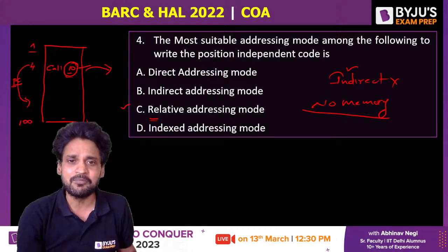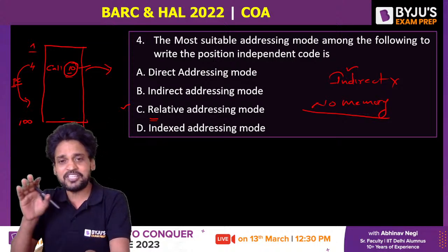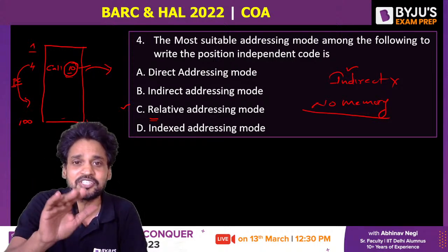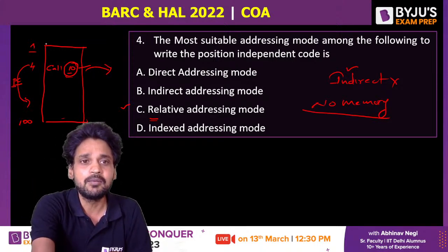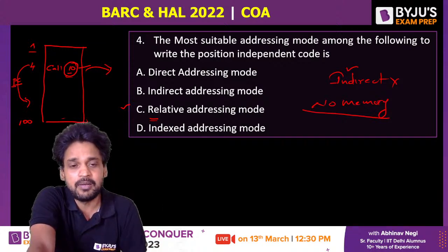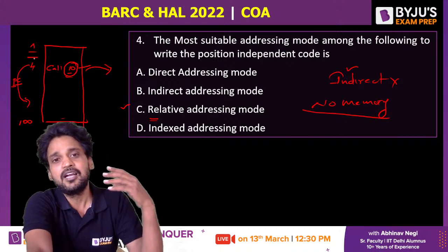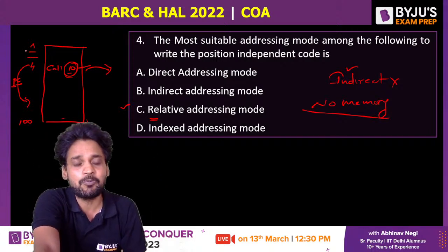Base register addressing mode is very simple. You can use either relative addressing mode or base register addressing mode. In case of base register addressing mode, the moment a program is being loaded into the main memory, the offset of the program will be loaded into the base register. Let us say your program is getting loaded from 450.